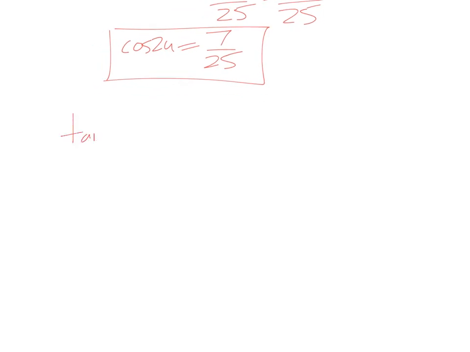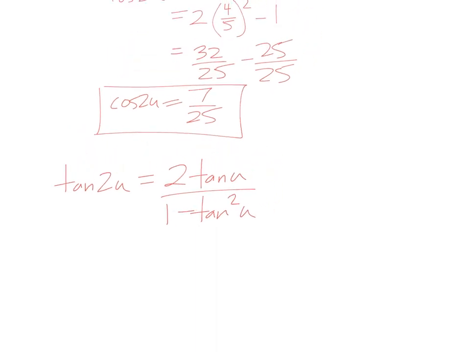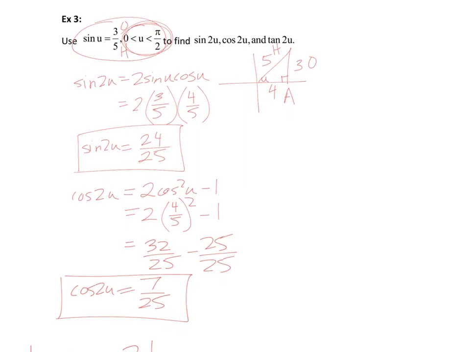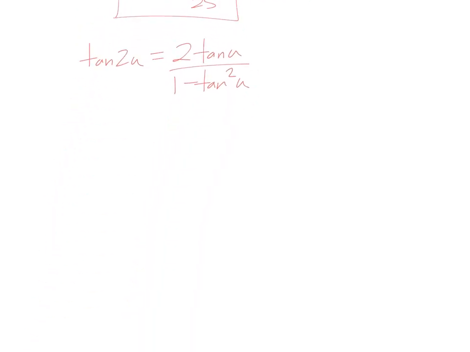Then there's tangent of 2u. All right, tangent, I could break that down into 2 tangent u over 1 minus tangent squared u. And tangent is opposite over adjacent. All right, 3 over 4. So I have 2 times 3 over 4 over 1 minus 3 over 4 squared.